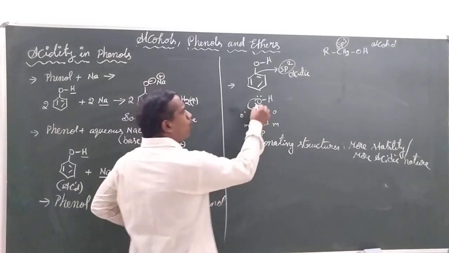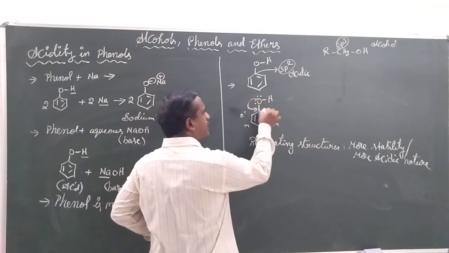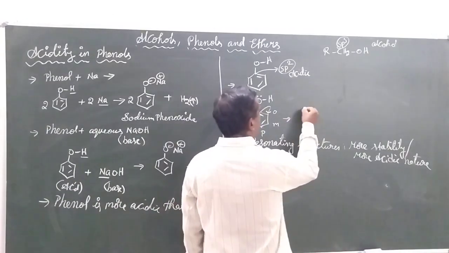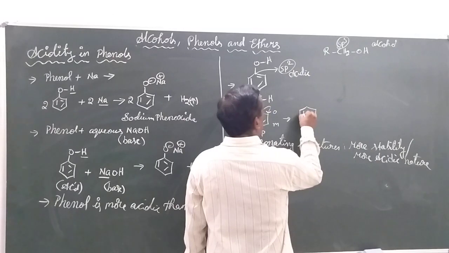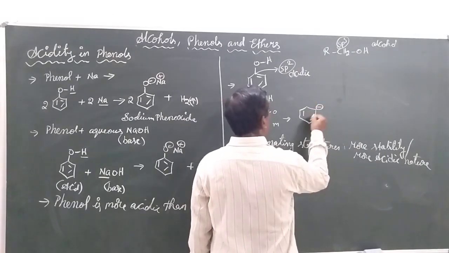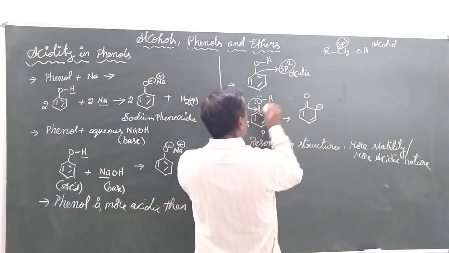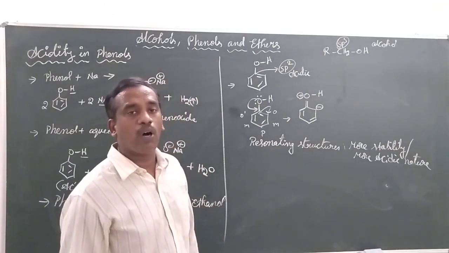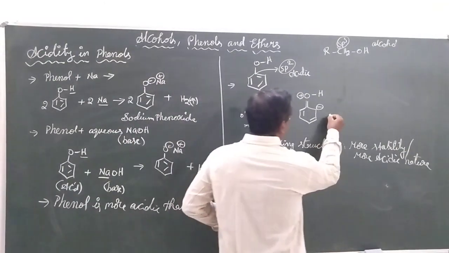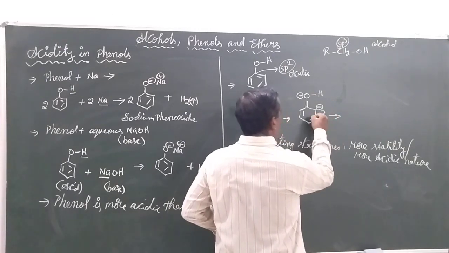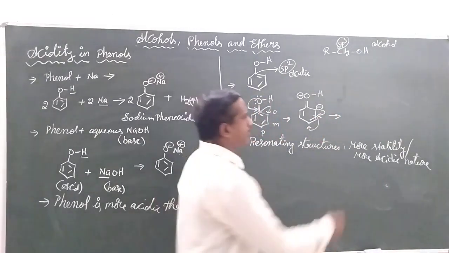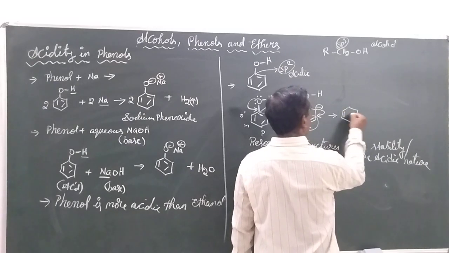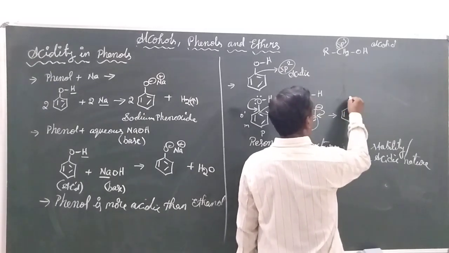Good. Now, when the lone pair is in conjugation, the pi bond moves to the ortho position, resulting in a negative charge at the ortho position, a new double bond between oxygen and the benzene ring, and a positive charge on the oxygen. The negative charge developed at the ortho position is further involved in resonance, forming a new double bond and a negative charge.